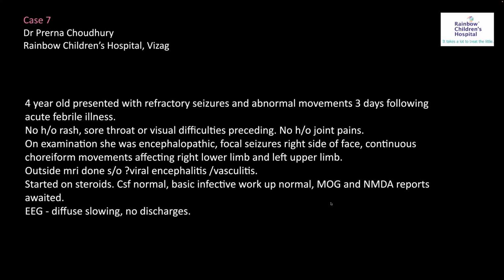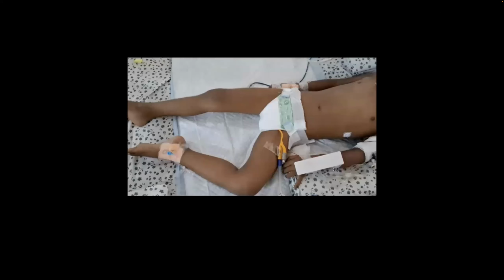She was initially evaluated for infections, so blood markers as well as CSF BioFire were negative. Her CSF NMDA is awaited, so we worked up for autoimmune when the infection screen came negative. MOG and NMO were negative. So these are the movements that she was having.